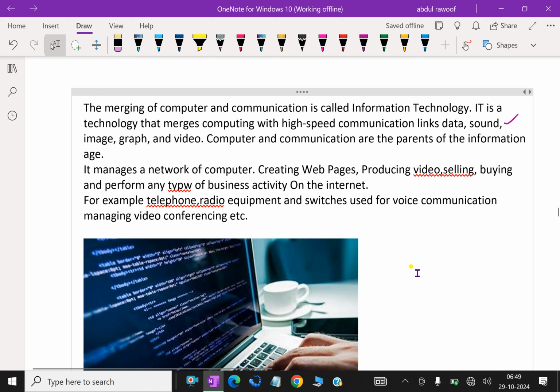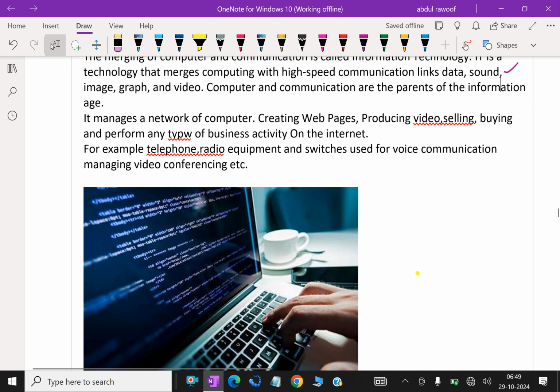It manages a network of computers, creating web pages, producing video, selling, buying, and performing any type of business activity on the internet.